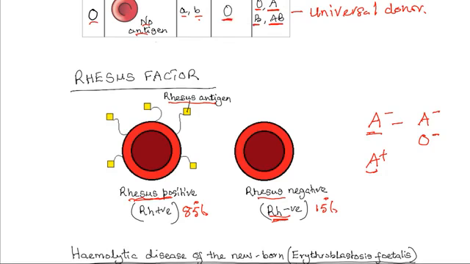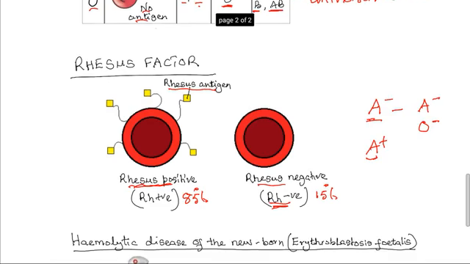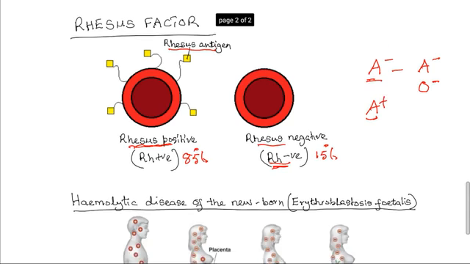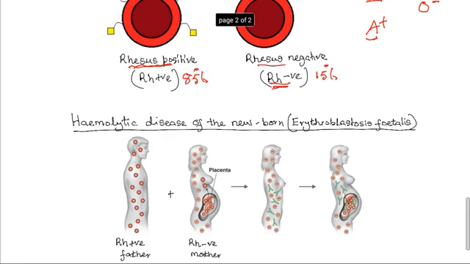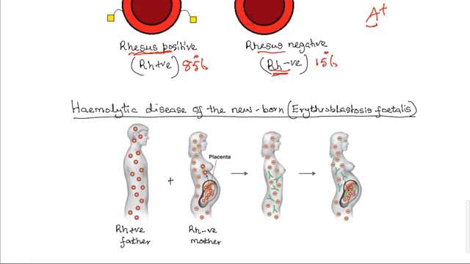Now, when a Rhesus negative woman marries a Rhesus positive man, the woman is likely to conceive a Rhesus positive fetus. So you have the Rhesus positive father, Rhesus negative mother.